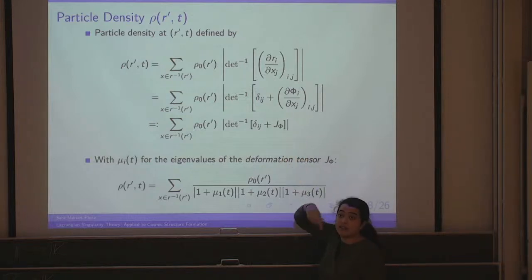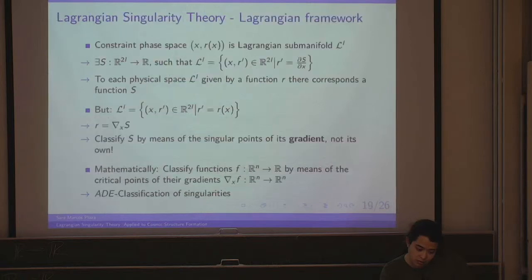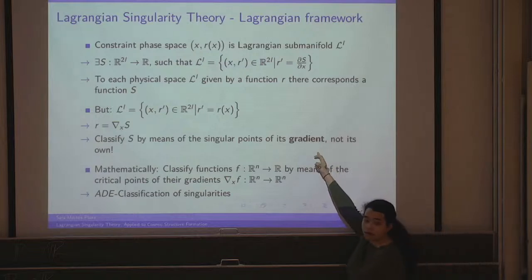And R is itself the derivative of S. So our aim is to classify the different functions S, so the different Lagrangian submanifolds that get parameterized by S, by means of the critical points of its gradient and not its own critical points. So that's a bit nasty.